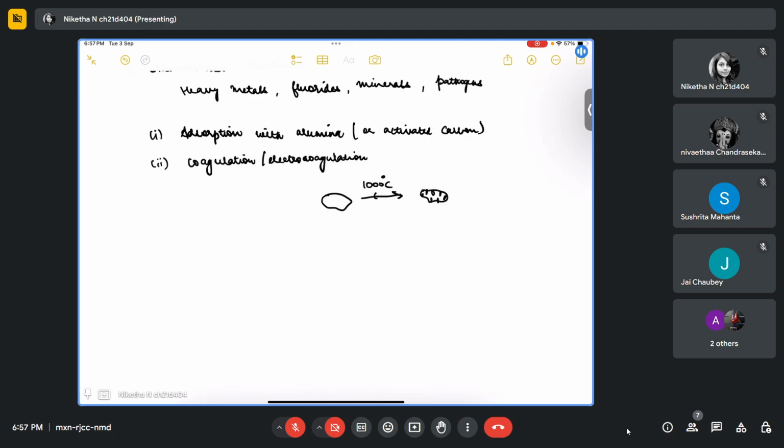This happens during charring. When some organic substance which contains carbon is subjected to a high temperature, around 1000 degrees, maybe in an inert atmosphere, it will form something called activated carbon.